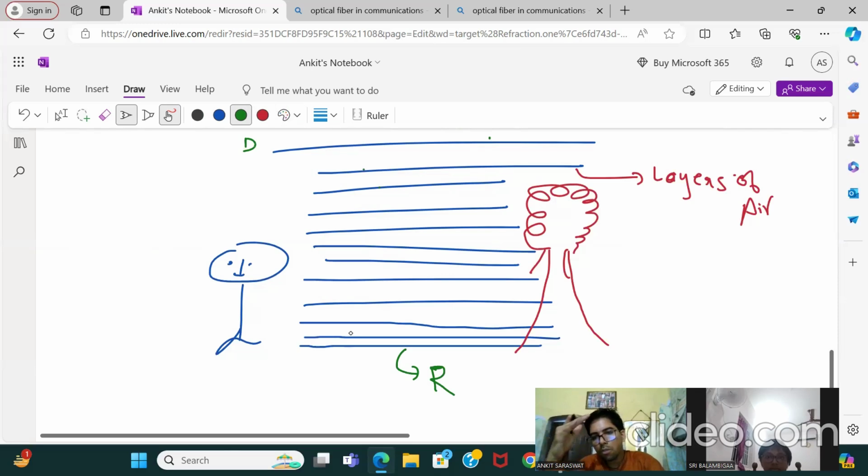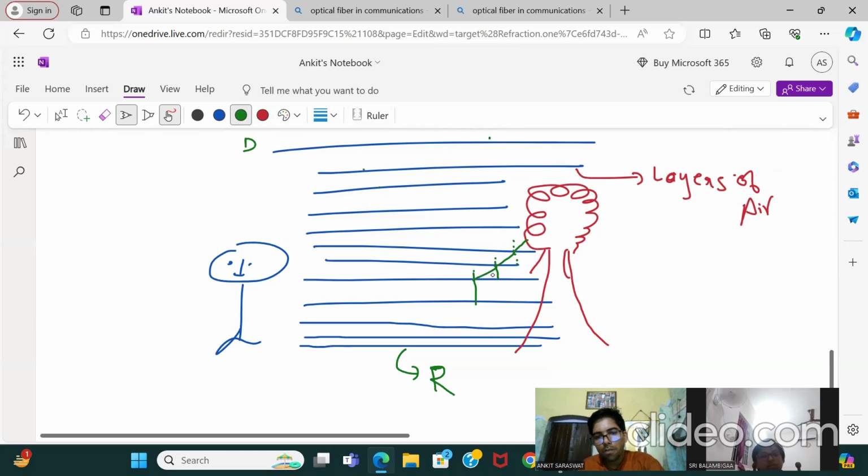So if you are moving from top to bottom, the medium becomes rarer. Clear? So how many boundaries are here? These are the boundaries. If light is coming from the tree like this, then it is going from denser to rarer. It will bend away from the normal. When light goes from denser to rarer, it goes away from the normal like this.